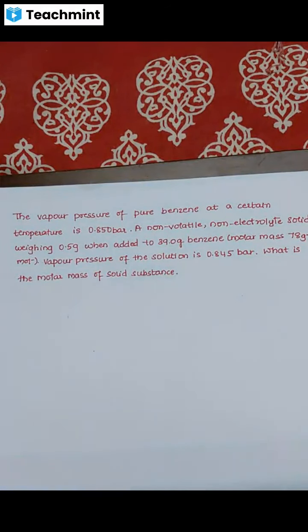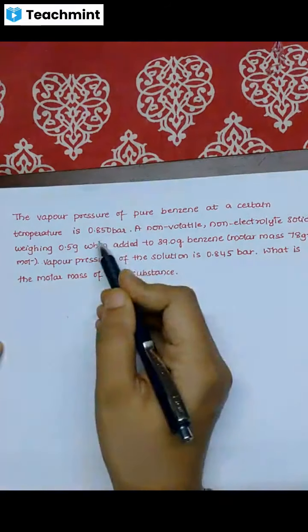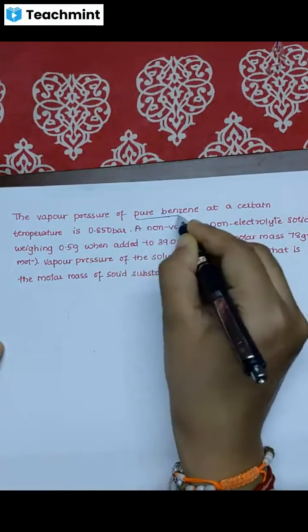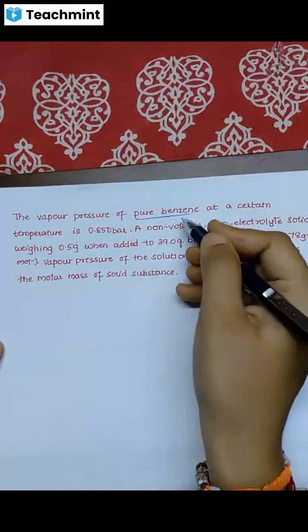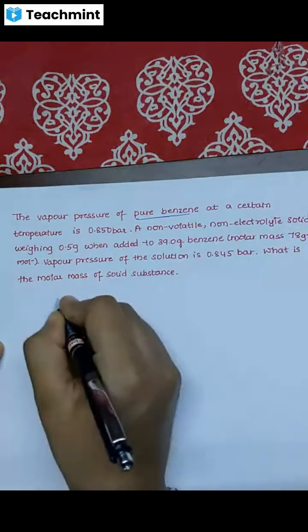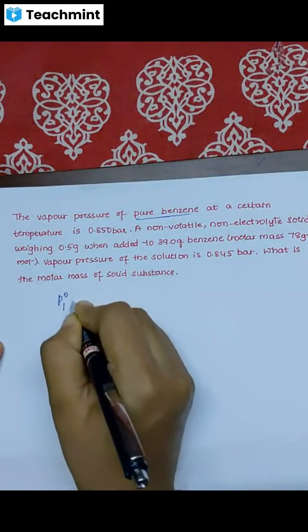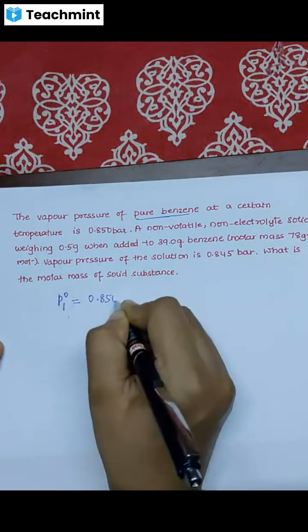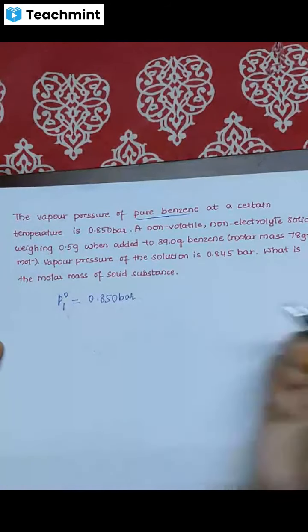So in the given question, what all have they given us? Vapor pressure of pure benzene at a certain temperature is 0.850 bar. Pure benzene, the term pure refers to what? Pure solvent. So they have given us the information that P1 naught is equal to 0.850 bar.